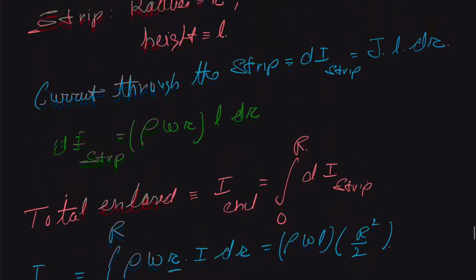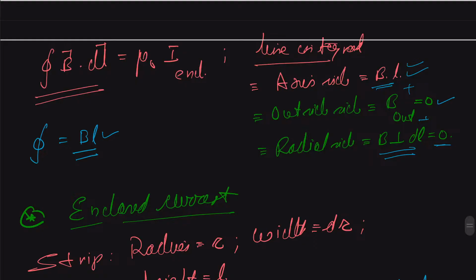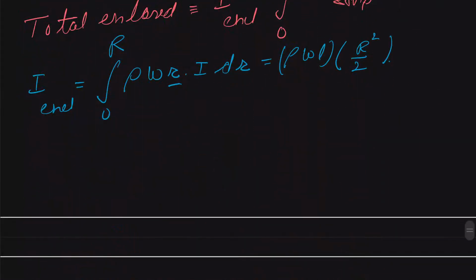So we come back to Ampere's law. Our left side is BL and the right side is the current enclosed we just calculated. Therefore, we can write that B times L will be equal to mu naught times rho omega L R square by 2.